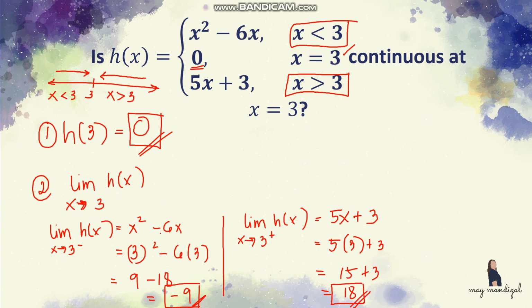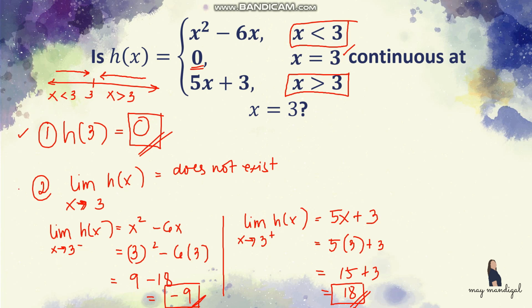Now, you just have to look at the left-hand and the right-hand limit and check if they are equal. But since they are different, one is negative 9 and the other is 18, we can say that the limit does not exist. Why does the limit not exist? Because the limit will only exist if the right-hand and the left-hand limits are equal to one another. As we can see, h of c exists. The value is 0.